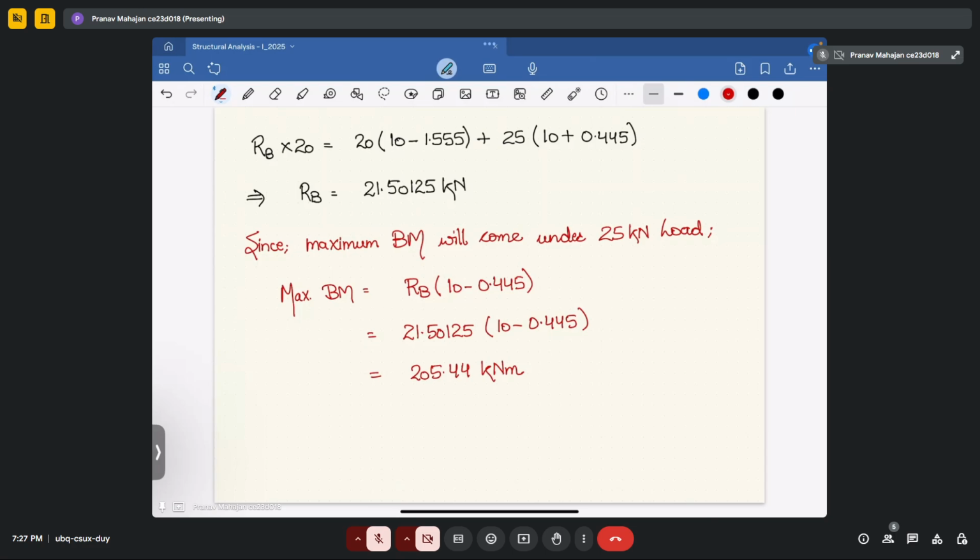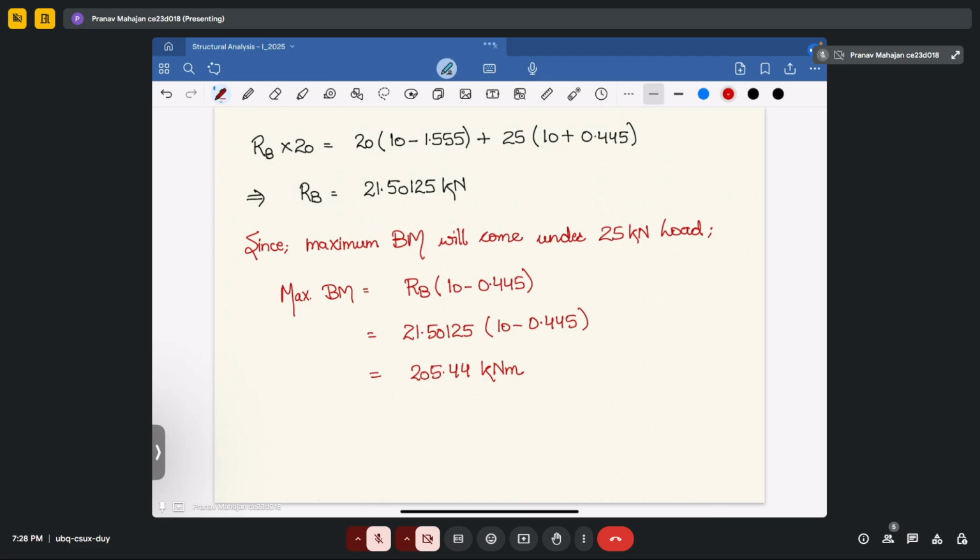Or if you are required to calculate the maximum shear force and bending moment due to your moving loads, at what position you have to keep the loads, and what value of maximum shear force and bending moment you are expected to get. And finally we concluded with determining the maximum shear force and bending moment for a loading arrangement in which two concentrated loads are kept at a certain distance.